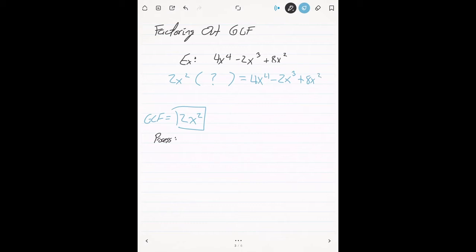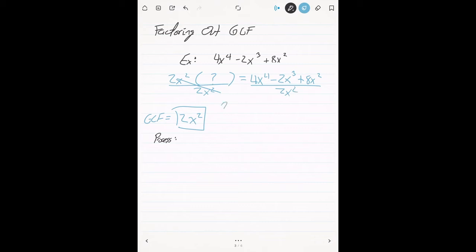This is similar to work we did in our introductory video. You know what one of the factors of this polynomial is. We must have taken 2x squared and multiplied it by something to get this larger expression. But what was it that we multiplied it by? Well, an easy way of figuring that out is just dividing everything by 2x squared. And let's do that, right?